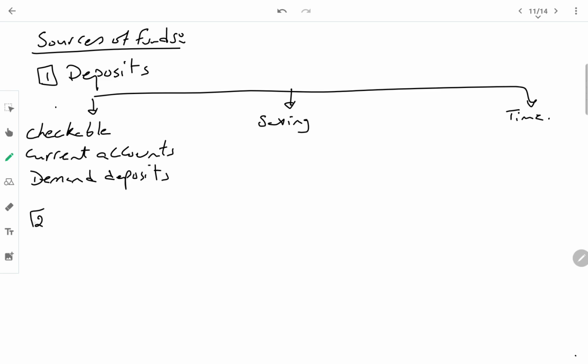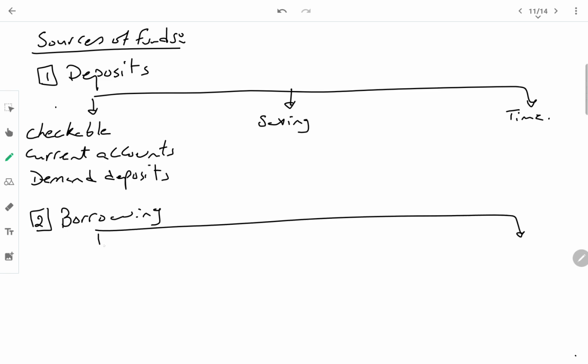Number two is borrowing. Commercial banks can borrow from other commercial banks or from the central bank.